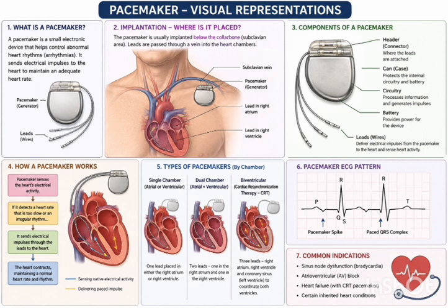The pulse generator generates the electrical pulses and controls pulse amplitude and pulse width. Then the control circuit acts as the brain of the pacemaker. It monitors the heart activity and decides when the stimulation is required.